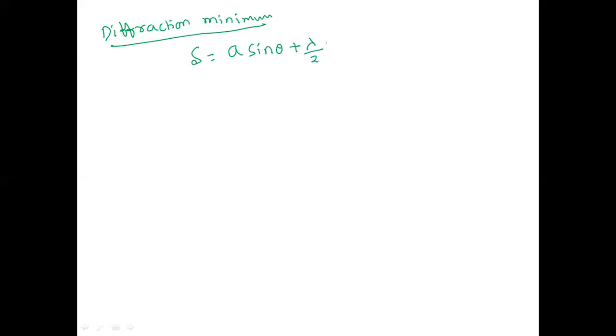Since it is minimum, we can take it as 2n plus 1 into lambda by 2. So a sine theta must be equal to n lambda. For low angles, I can write sine theta as theta.